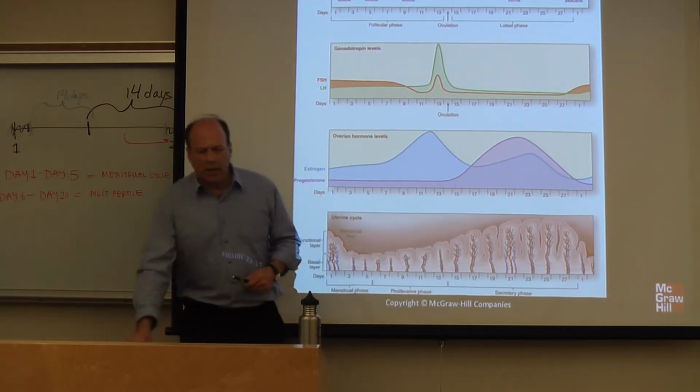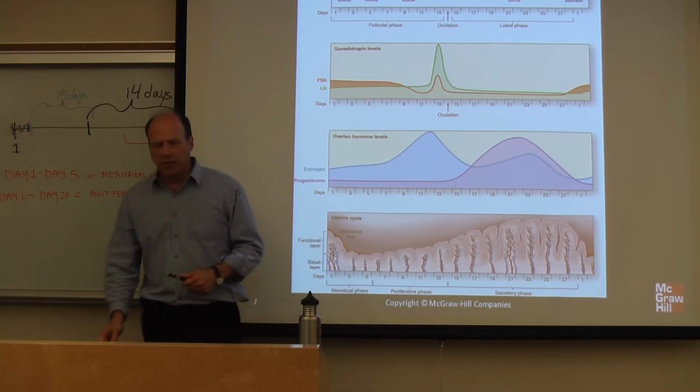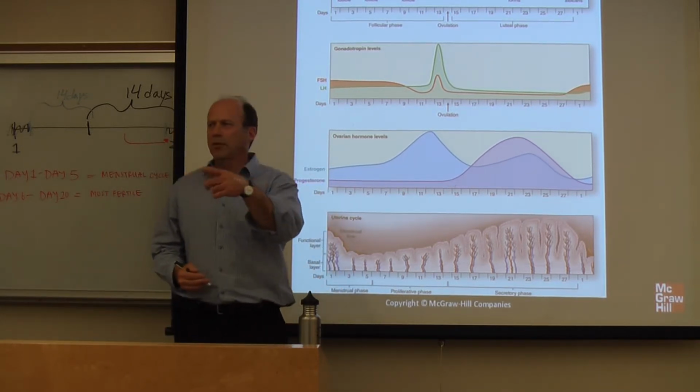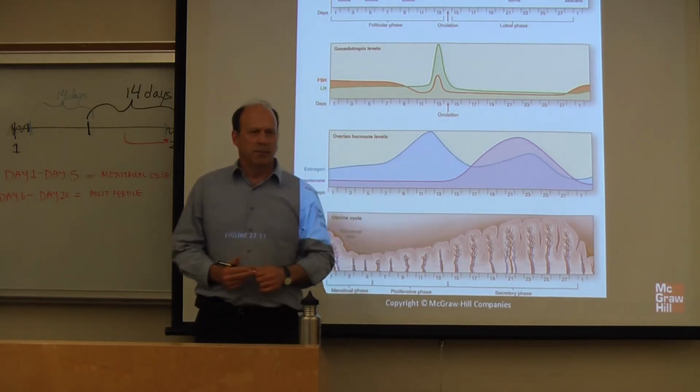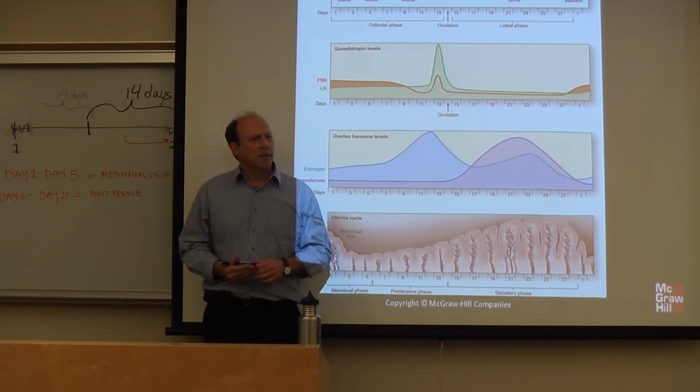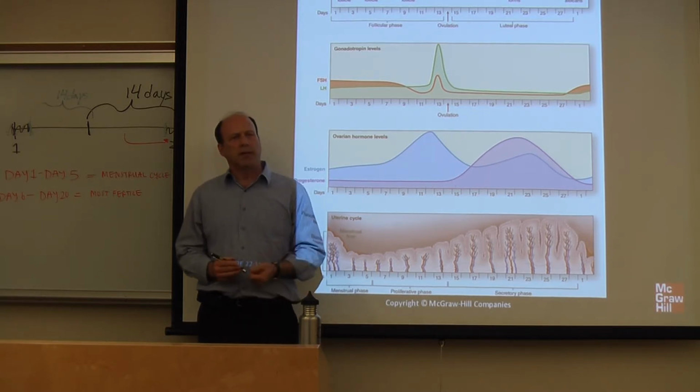What happens in the environment? Remember, you guys have heard about BPA in the plastic bottles that you're drinking water out of? There's a plasticizer that keeps the plastic soft. It's bisphenol A, BPA. Have you heard about that? Bisphenol A has a structure that's very similar to estrogen.